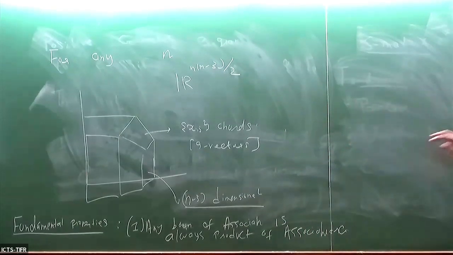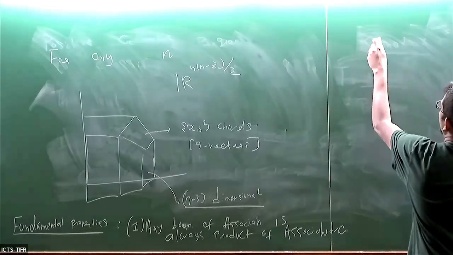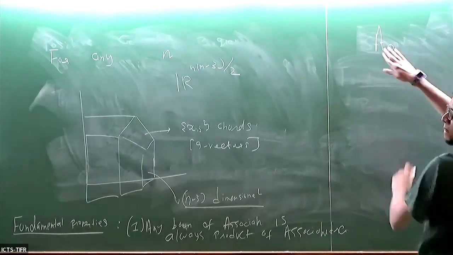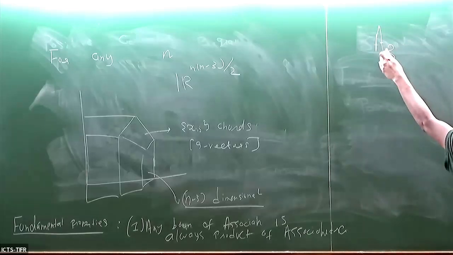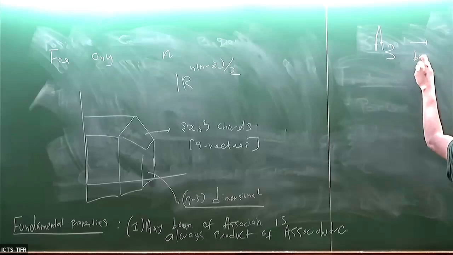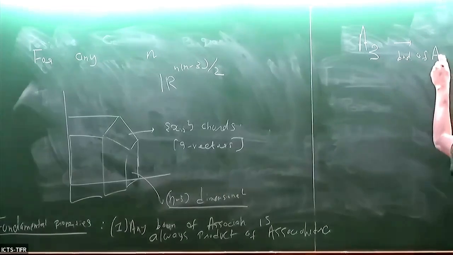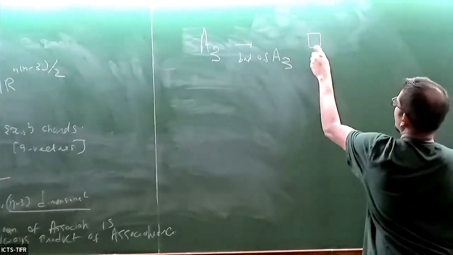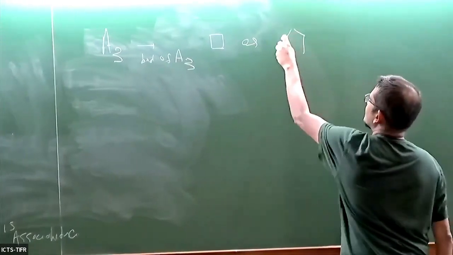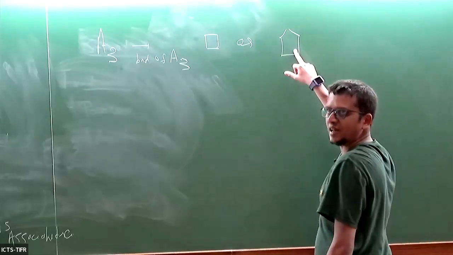What I mean by this is the following: if you have a three-dimensional associahedron A3 and look at any boundary of A3, you will see that the boundary is either a square or a pentagon. It never has a boundary which is a hexagon.